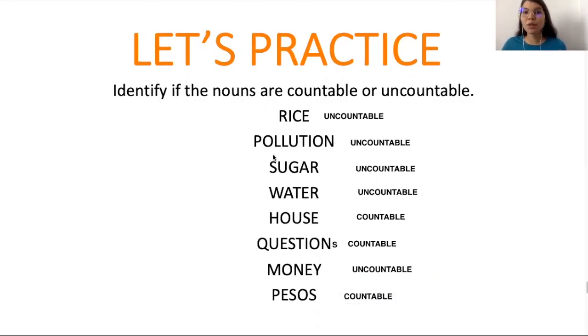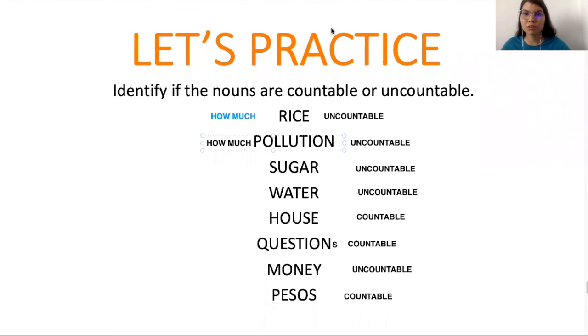So if we create a question with these nouns about quantity, we use, let's see, how much rice?